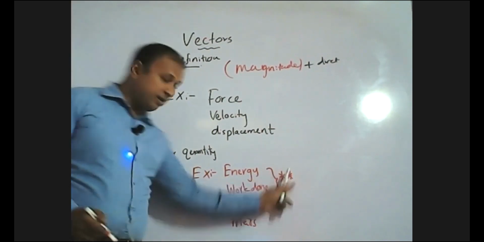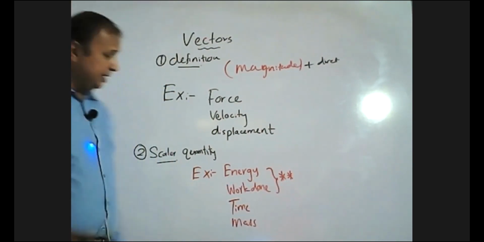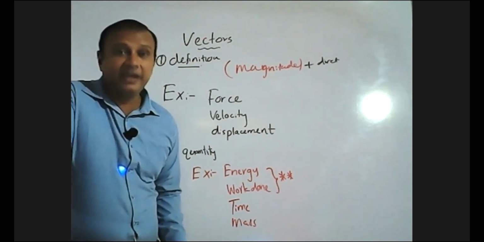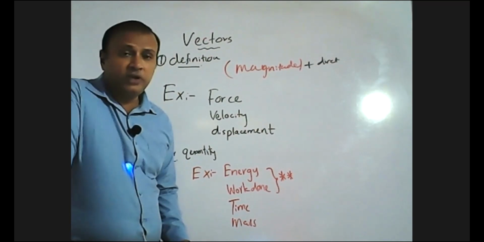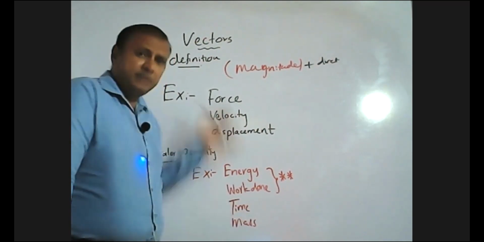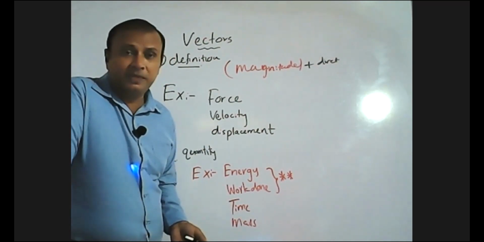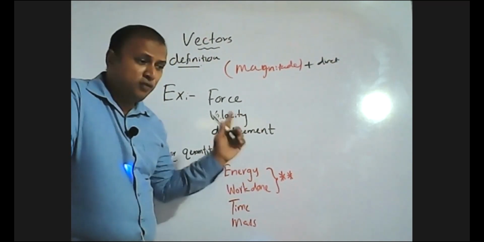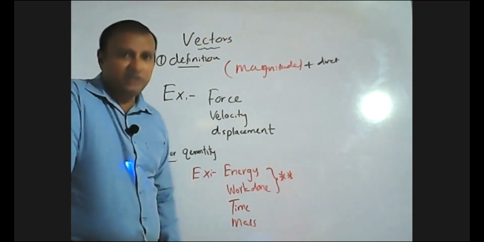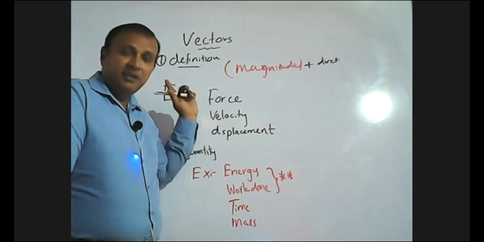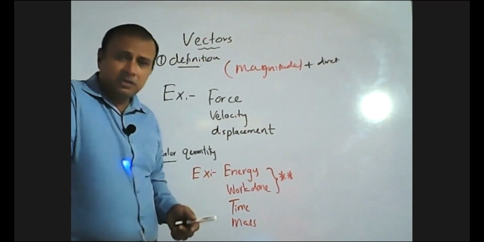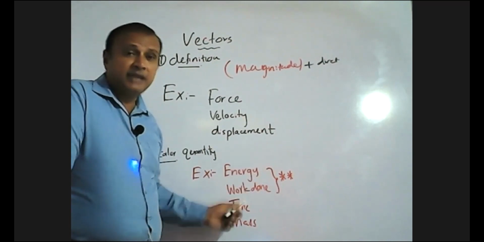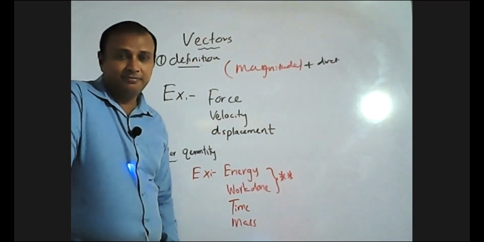You can put a star mark here because this is a very famous question. Energy and work done, because most of the children think work done is a vector quantity, because work done and energy is equal to force into distance. Force is a vector. Therefore, most of the children think those two quantities are vector quantities, but those are not.